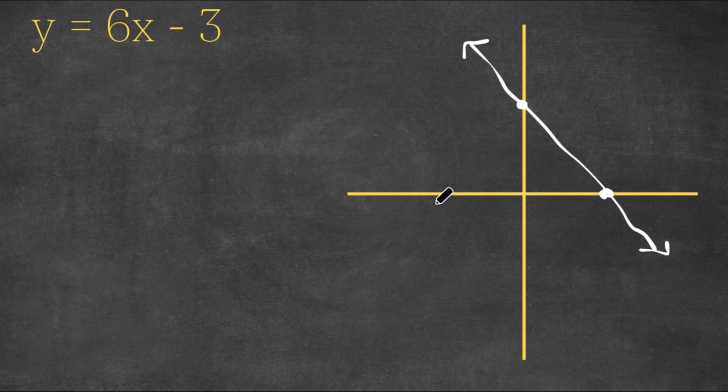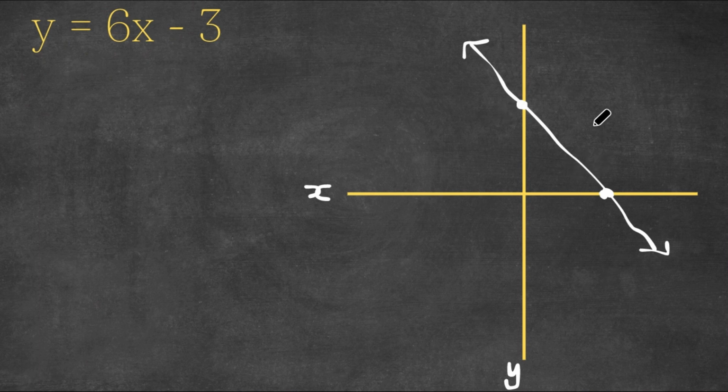This axis that goes from left to right, or that is horizontal, is known as the x-axis. And this axis that goes up and down, and that is vertical, is known as the y-axis. So our line here hits both our x and y axes once.